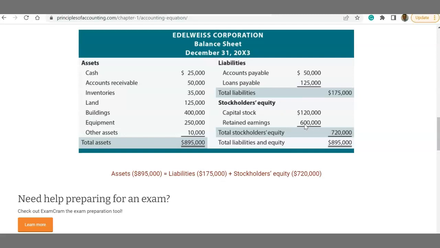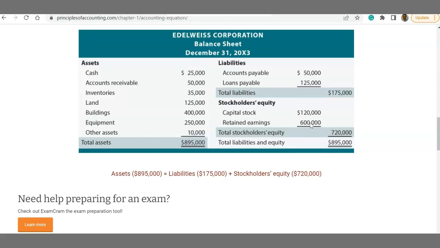Stockholders' equity is always two parts, at the minimum. The capital stock, if it's a corporation, and retained earning, which is any leftover profit after paying dividends. Retained earning is a dollar amount that the company can retain for future use.